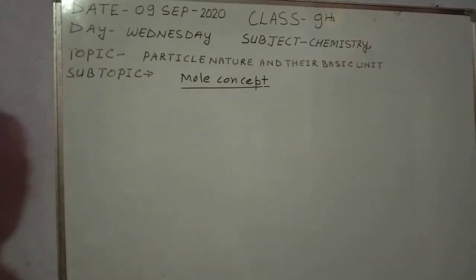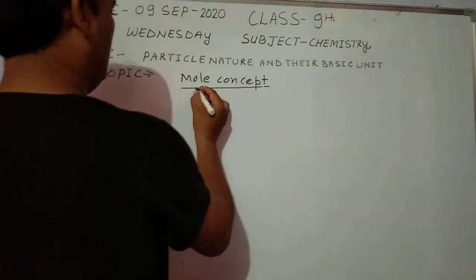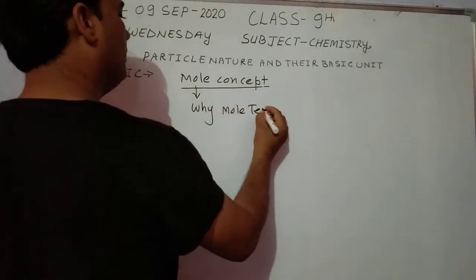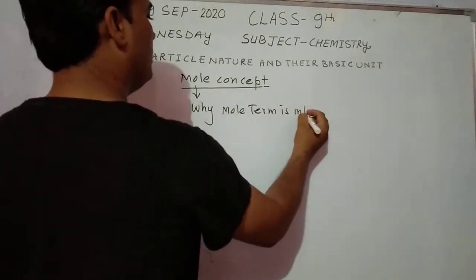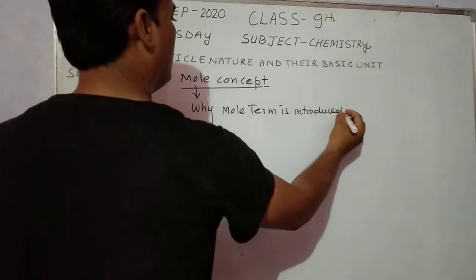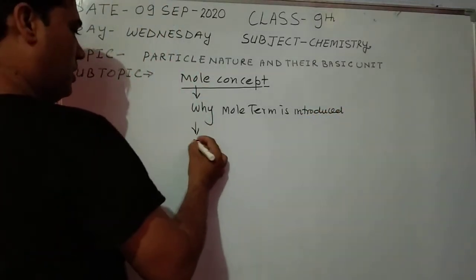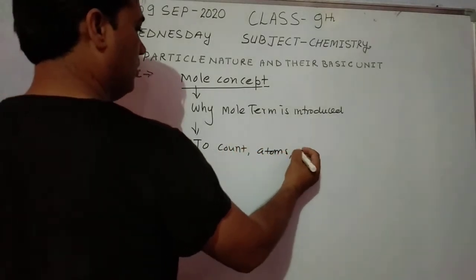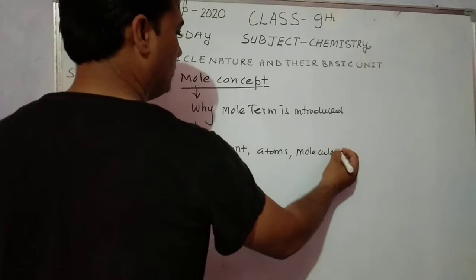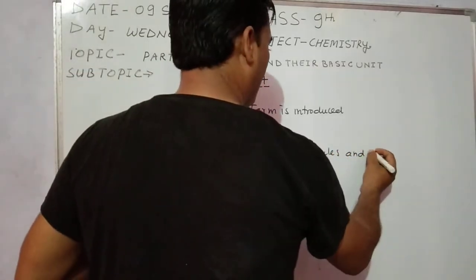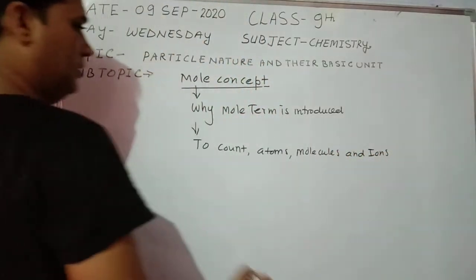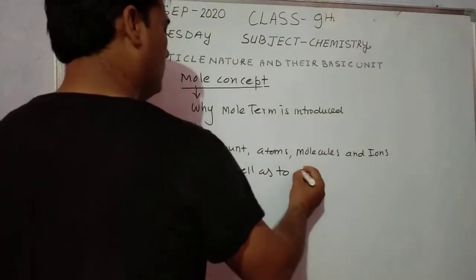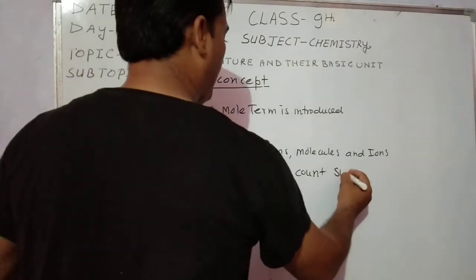Next topic is mole concept. What is a mole? Why is the term mole introduced? The mole term is introduced to count atoms, molecules, and ions, as well as to count subatomic particles.